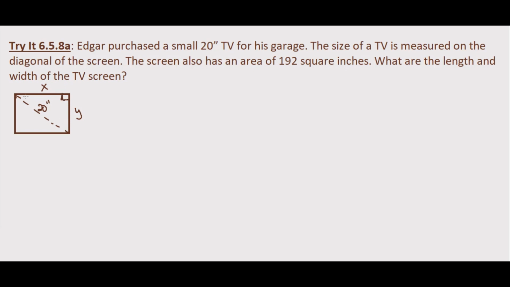The diagonal divides a rectangle into two right triangles, so that means we can use the Pythagorean theorem to state x squared plus y squared equals 20 squared, which is 400. And then we're also told that the screen has an area of 192 square inches, so we know that x times y equals 192.